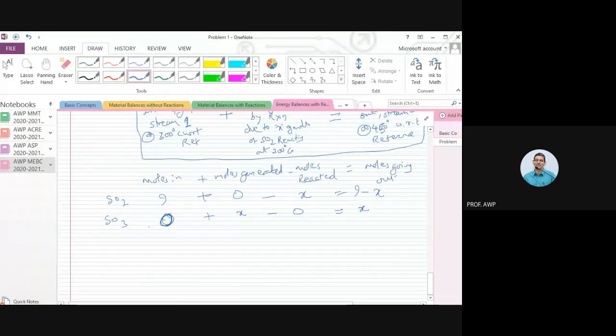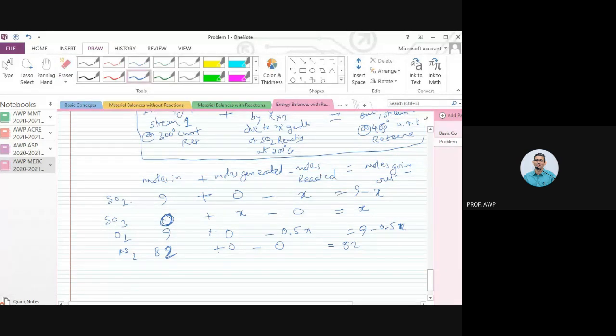For oxygen, moles in 9, nothing generated, 0.5X reacted, so outgoing must be 9 minus 0.5X. Nitrogen: 82 entering, nothing generated, nothing reacted, therefore 82 must be going out.